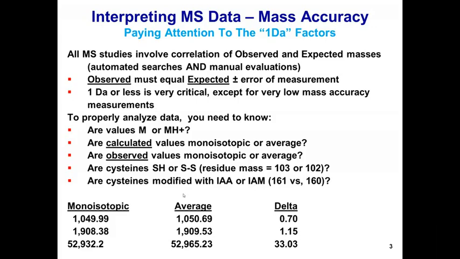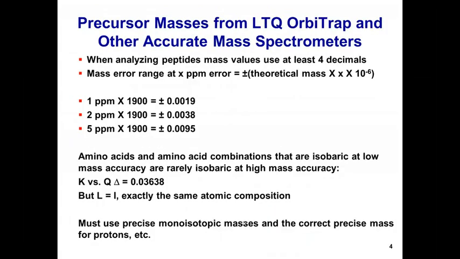If we don't have the correct form of these various masses or know whether we're talking about M or MH+, we can obtain an incorrect interpretation. The difference between monoisotopic and average masses depends upon the size of the peptide or protein, as illustrated by this table, which indicates the difference between the two.